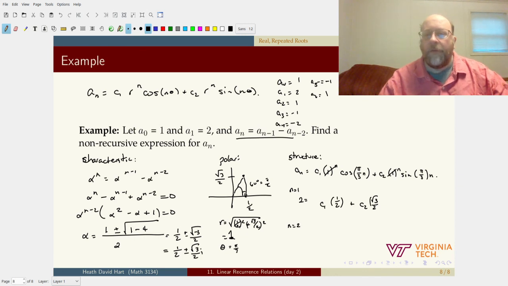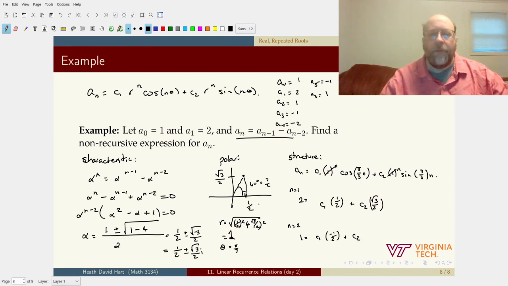And then the other case, let's look for one where this is going to cancel out. Yeah, 2 is fine. When n equals 2, we have a 1 here. And then we have c1 times the cosine of pi over 3 times 2. Well, 2 pi over 3 is on the other side of the x-axis, and the cosine in this case is negative 1/2.